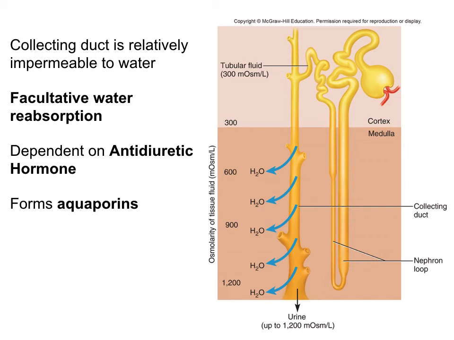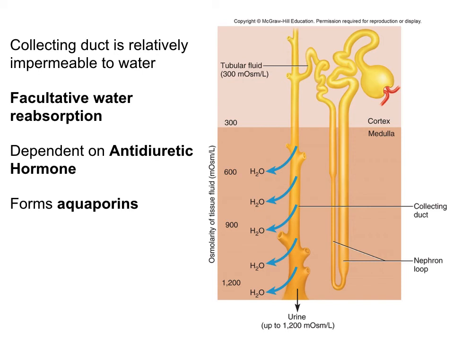Remember, antidiuretic hormone inserts aquaporins into the collecting duct, which will enhance the rate of osmotic water movement. So if you have high ADH, you have high levels of aquaporins, and you increase your rate of water reabsorption. If you have low levels of antidiuretic hormone, you have low numbers of aquaporins, pretty much no aquaporins, and the collecting duct is relatively impermeable to water.